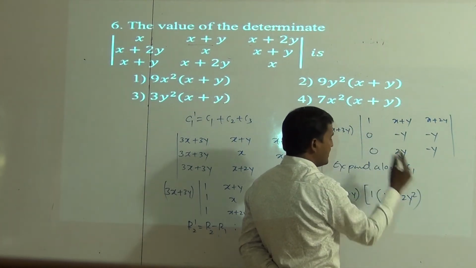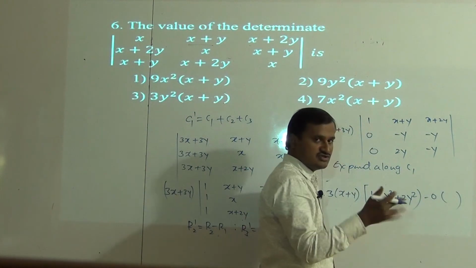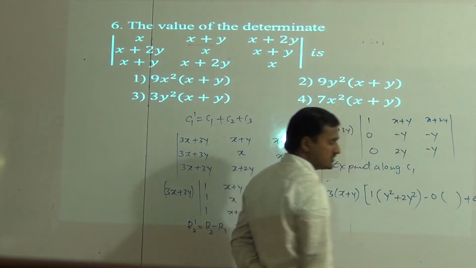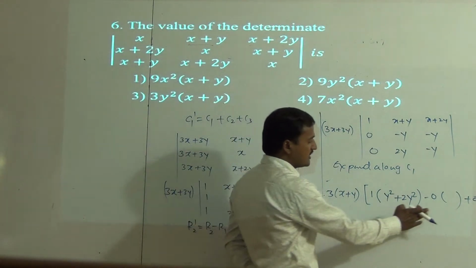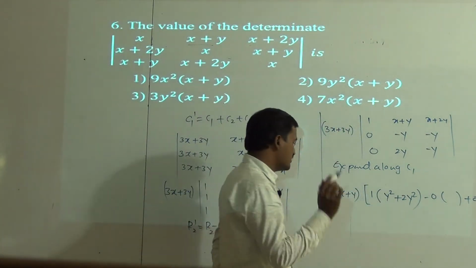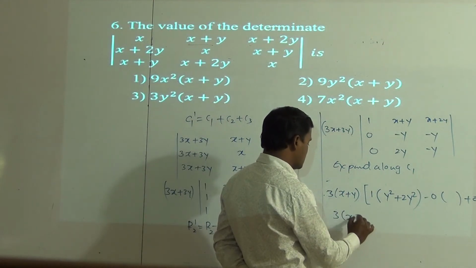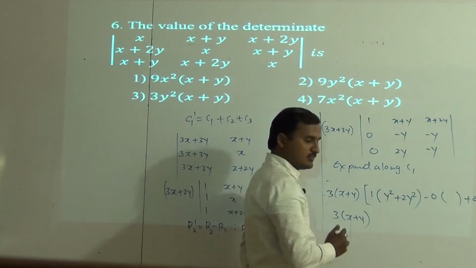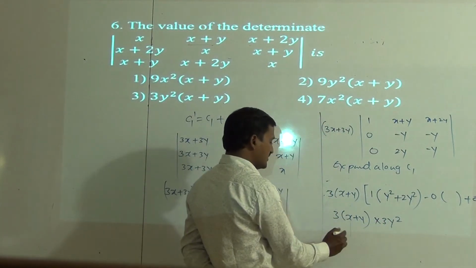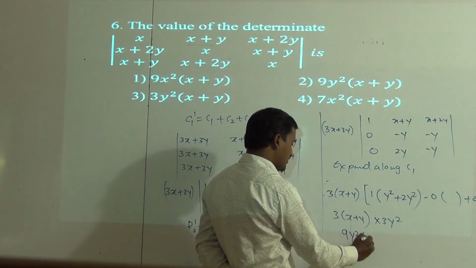Plus 0 into this term becomes 0, plus 0 into this term again becomes 0. I have not written anything in this bracket because 0 into any number becomes 0. So clearly 3 into x plus y, and here y square plus 2y square means 3y square, multiplying 3 into 3, it is 9y square into x plus y.